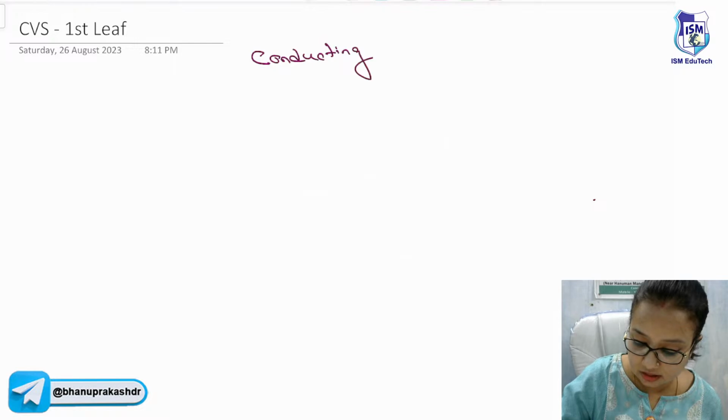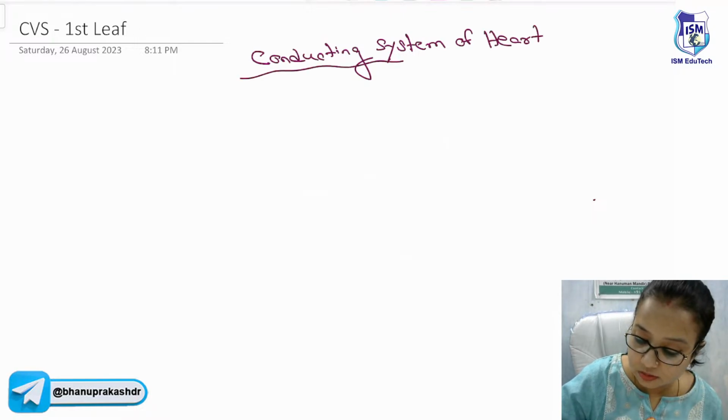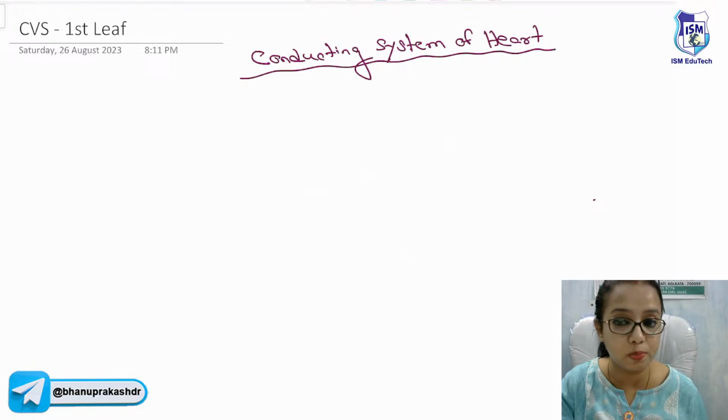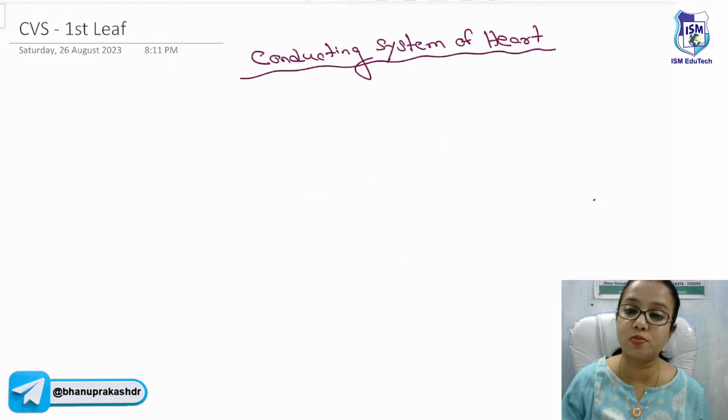conducting system of heart. The beautiful thing about our heart is that the heart is supposed to pump until and unless a person doesn't expire.